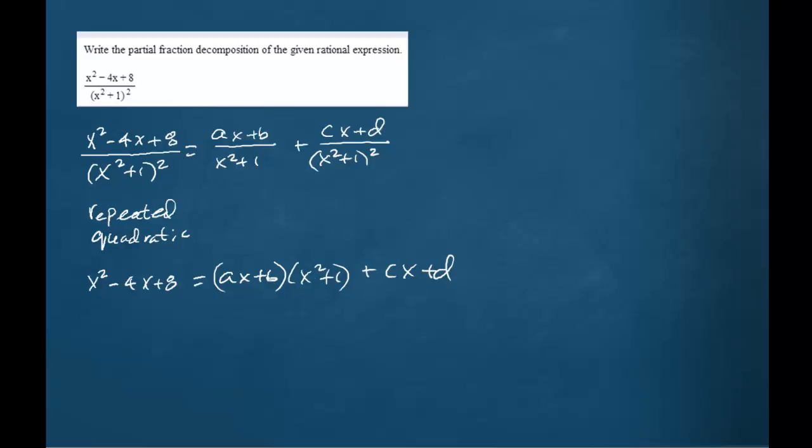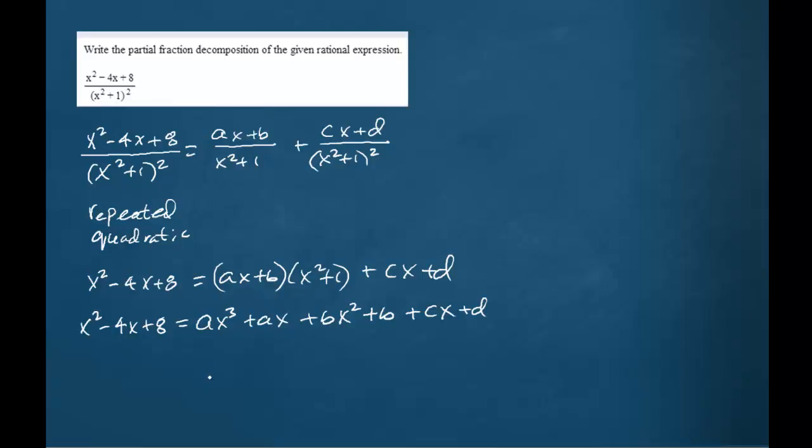So what we'll need to do now is multiply out our first term here. So we'll have x squared minus 4x plus 8 equal to ax cubed plus ax plus bx squared plus b plus cx plus d.